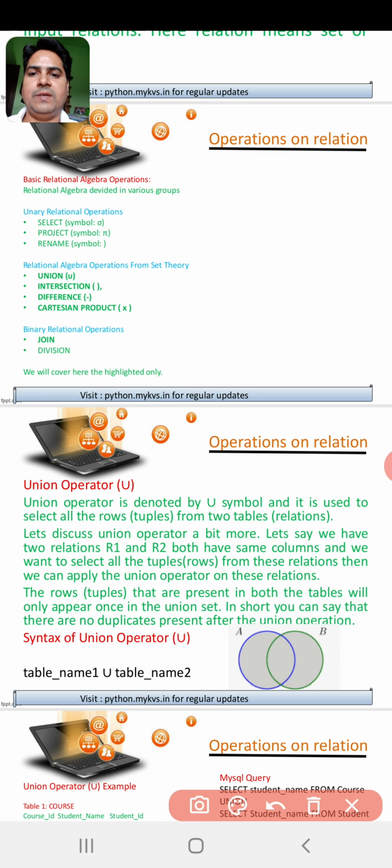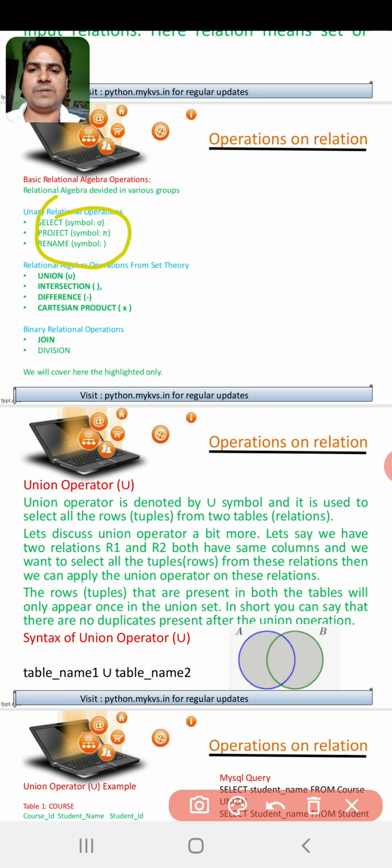Here unary relational operations. Unary, as you all know, there are 3 unary relational operators: sigma, pi, and rename. Sigma pi, first I am going to discuss about. Sigma means to select the row, pi means to select the column.